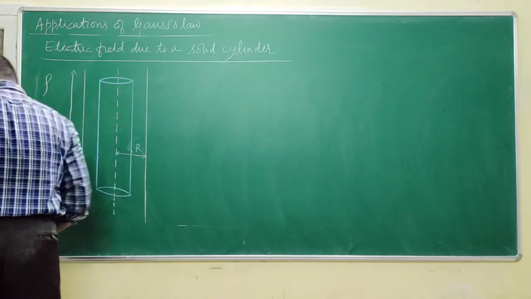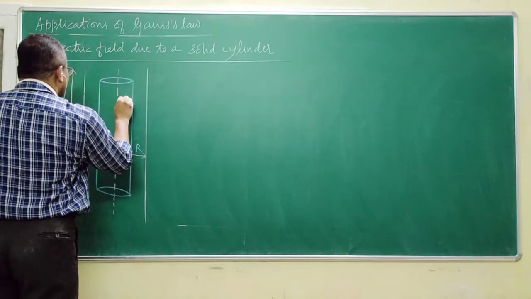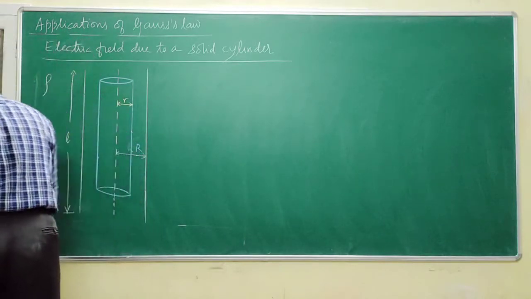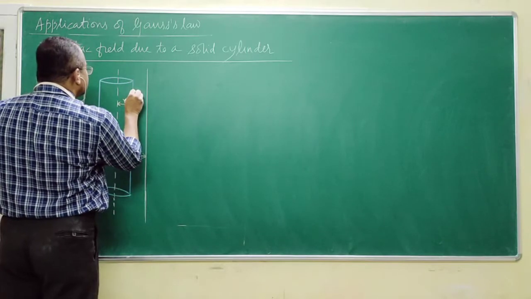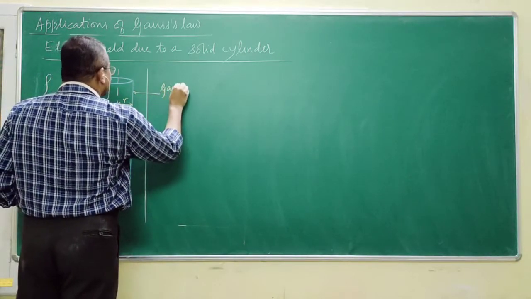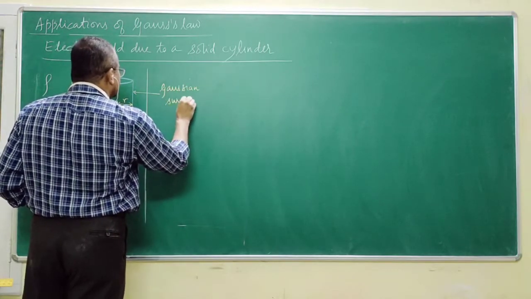The radius of this imaginary cylinder drawn inside is small r, and this is my Gaussian surface.